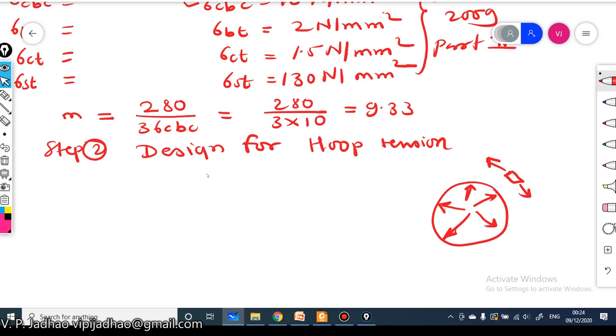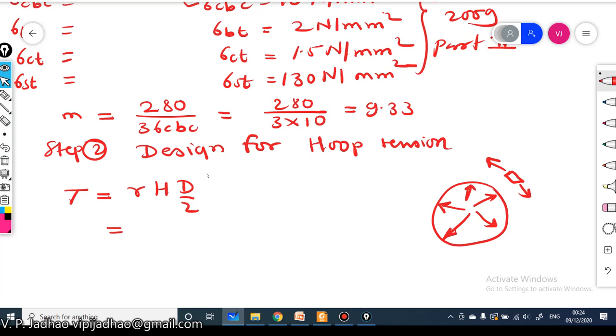So we have to design this wall for hoop tension. The formula for calculating hoop tension T is gamma h into d by 2, where T is the hoop tension, gamma is the unit weight of water, h is the height of the water tank, and d is the diameter.